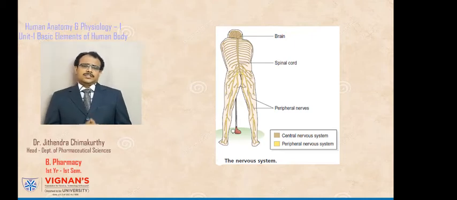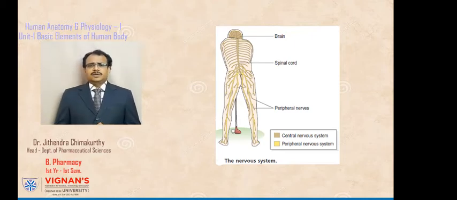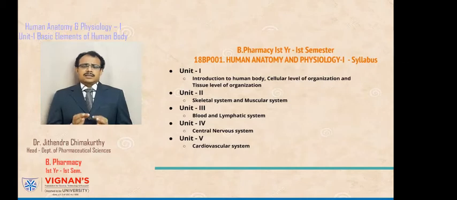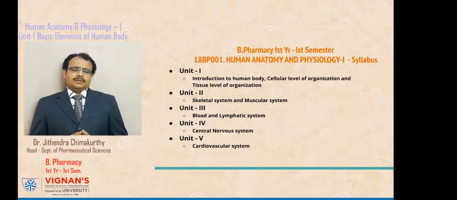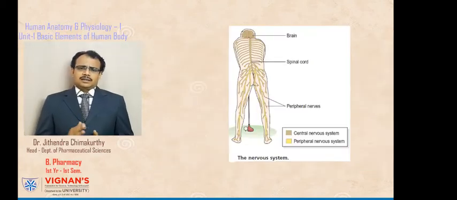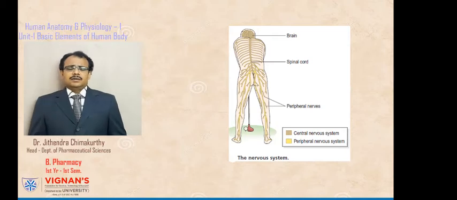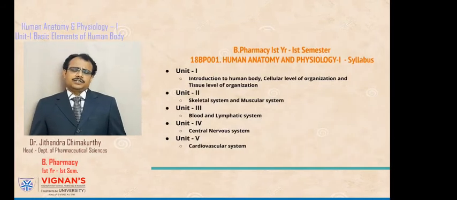In this semester you will be studying the basics of the nervous system, which involves nervous tissue, the functions of the different types of nerve cells which form the nervous tissue, and the central nervous system, in unit 4. The peripheral nervous system you will be studying in your second semester's human anatomy and physiology.